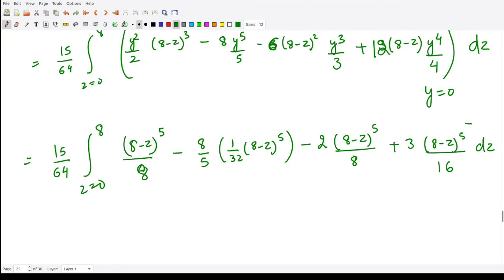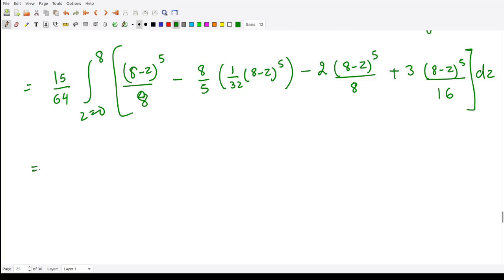So let's simplify this a little more. This would be equal to 15 upon 64, integration z varying from 0 to 8, and in every term we have (8 minus z) raised to power 5. So let's calculate the coefficients here.